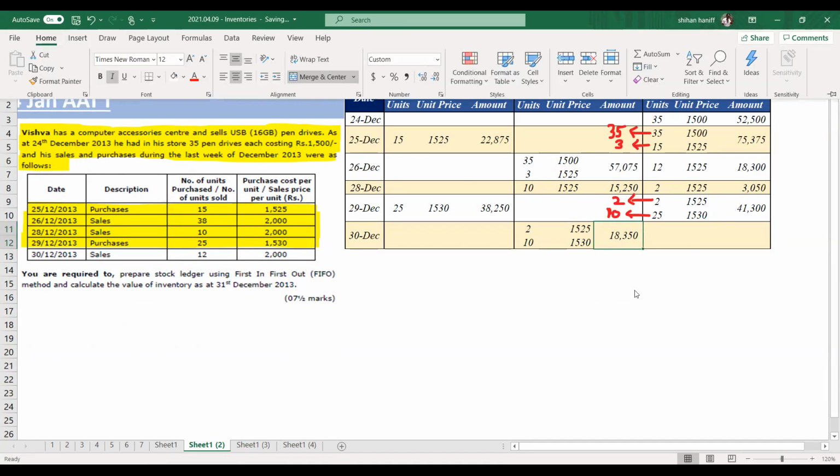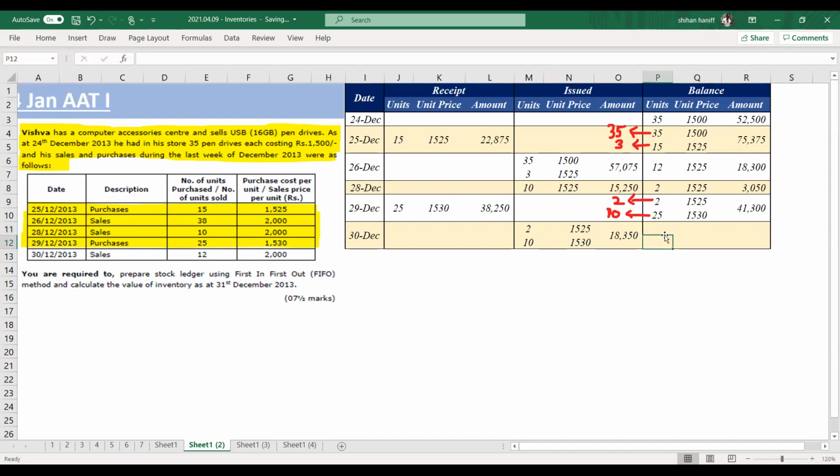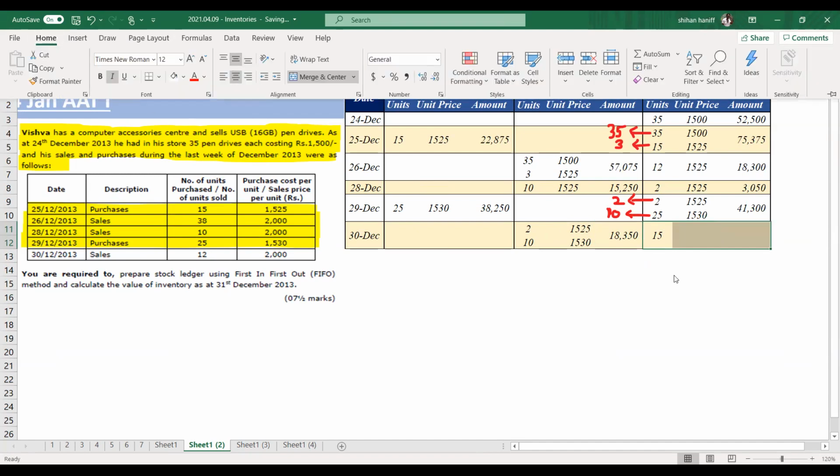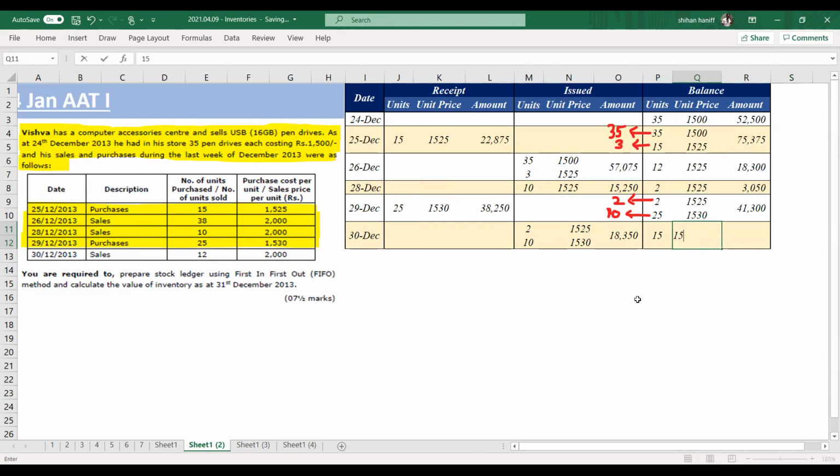So 18,350. Remaining 15 units at 1,530. 41,300 minus 18,350, which is 22,950. So this is your closing stock value.